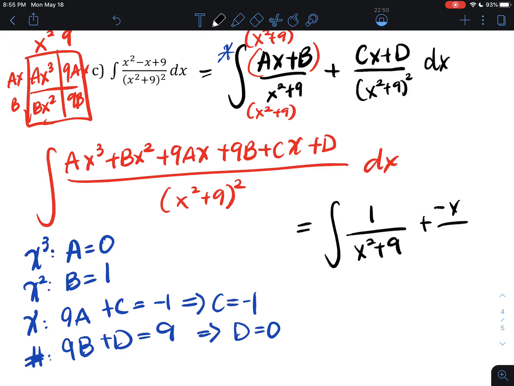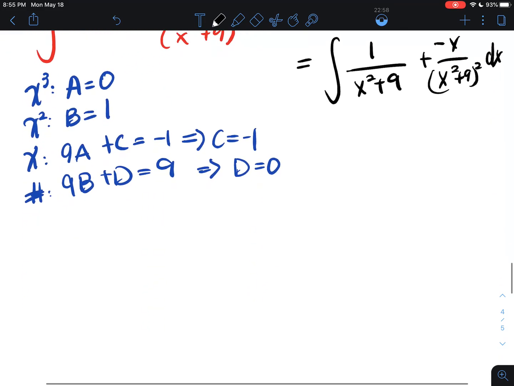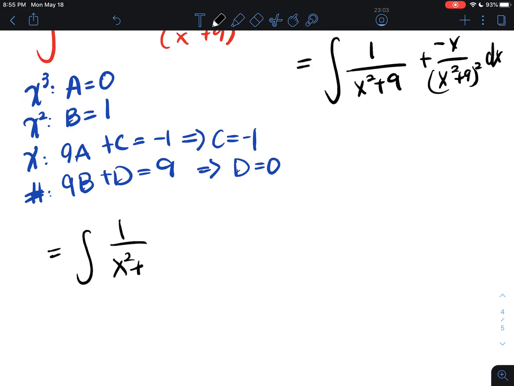So then I have -x over x squared plus 9 quantity squared dx. Okay, so now here in this integral, let me write it again over here. And then I'll put minus x over x squared plus 9 quantity squared dx.